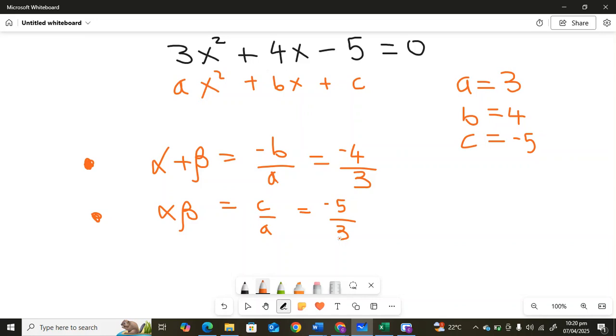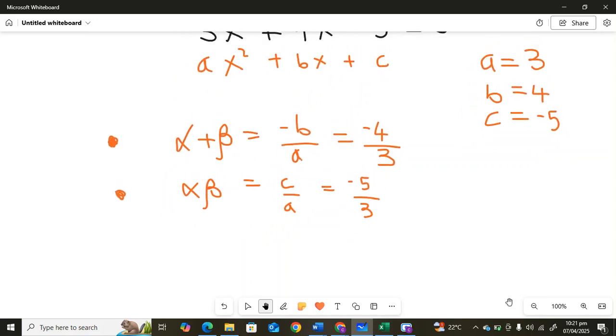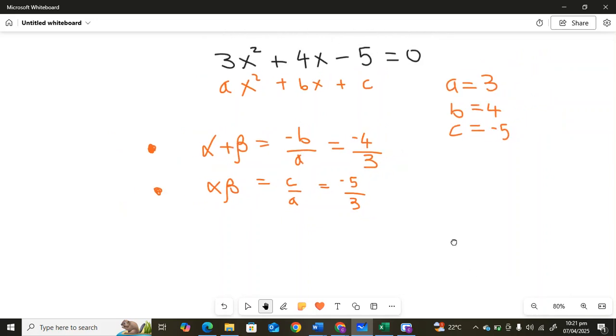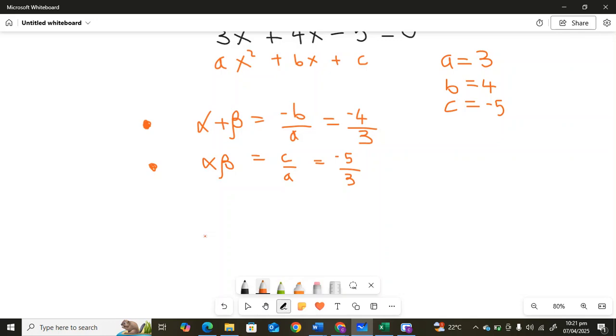So this is the first thing that you always need to do: determine your a, b, c, the coefficients. Then get your sum of the roots, alpha plus beta, and then the product of the roots. Once you have done that, that's when you begin the question.